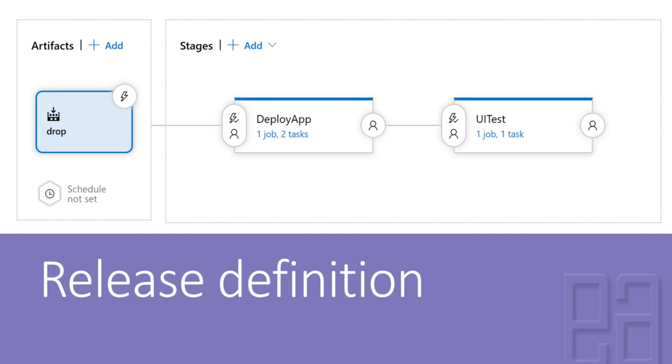And then we're going to have the stages. Within this, I have two stages basically. The one stage is deploy app, which is going to deploy the application within our own local Internet Information Server. And then I'm going to be running the tests against the application which is deployed on my local machine.